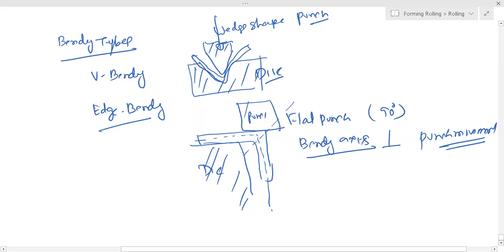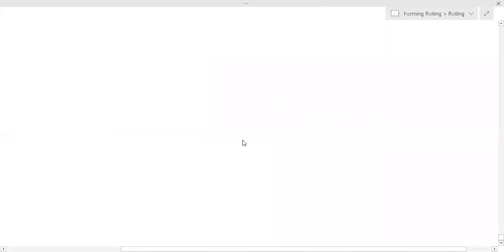Why I discuss these two types of die punching, sorry, bending process, is because of bending force, which we'll now understand. To estimate that bending force, you must know whether it is wedge shape V bending or edge bending.